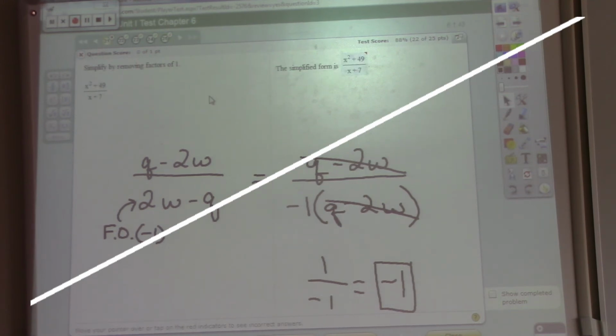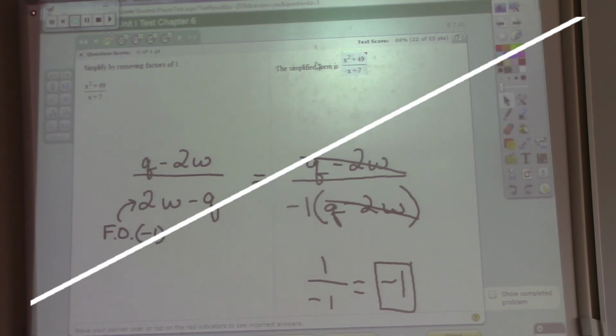21. Why did I do that? It's a positive. I thought so too. Oh, that's not a shortcut. I didn't even see that. I thought it was x squared minus 49. That's why I was sitting here trying to. Okay, I got that one wrong.